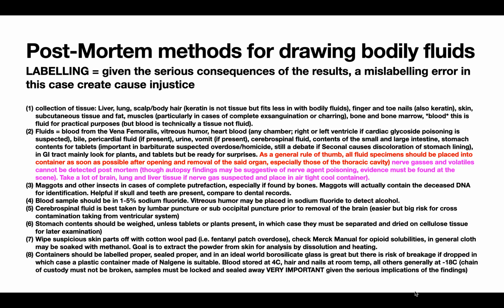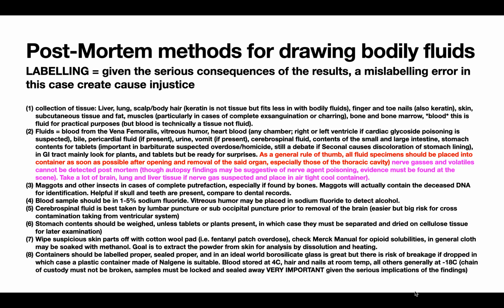So it should really be collected before the cranial cavity is opened, although in a patient with a normal brain, it is easiest to do a transcerebral aspiration of the ventricular cerebrospinal fluid.